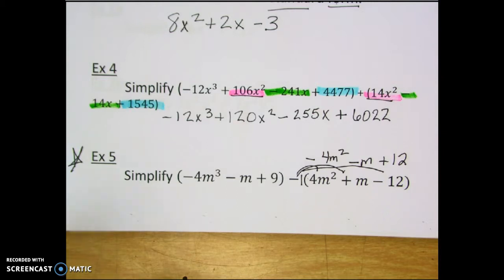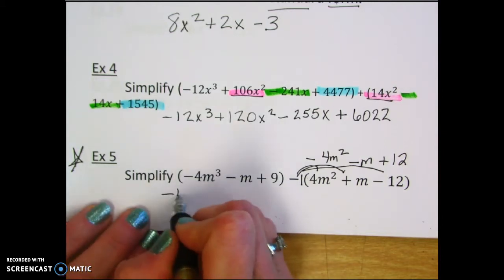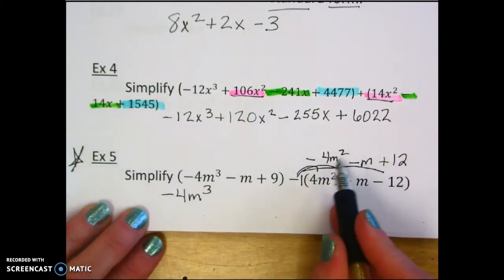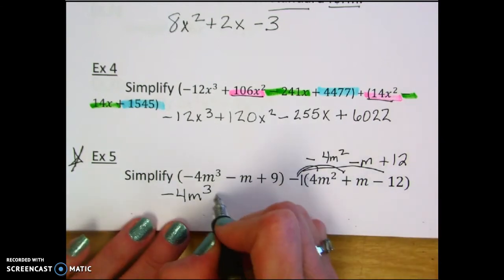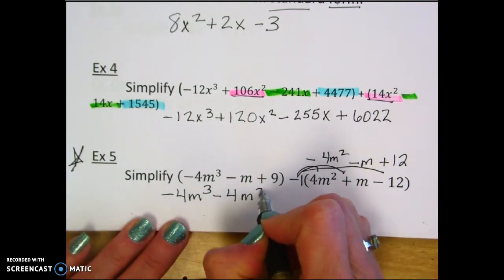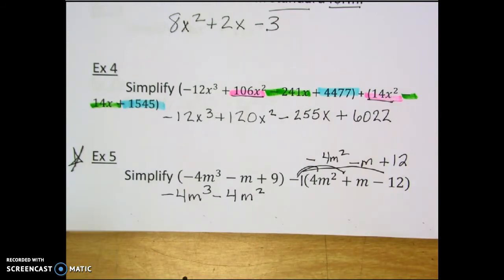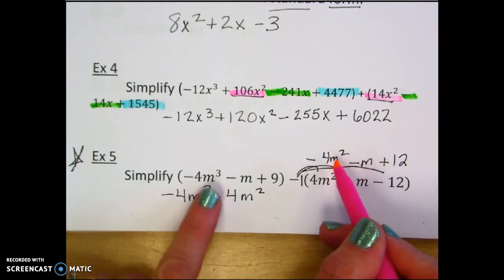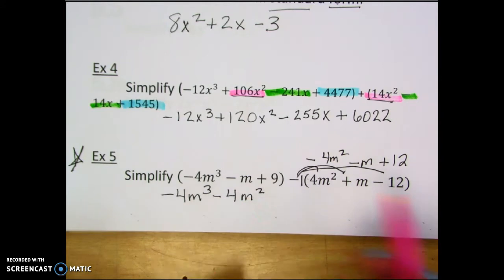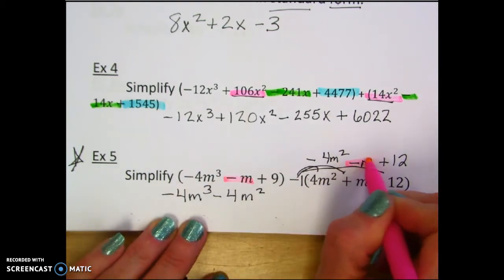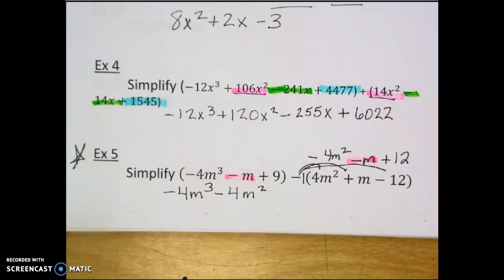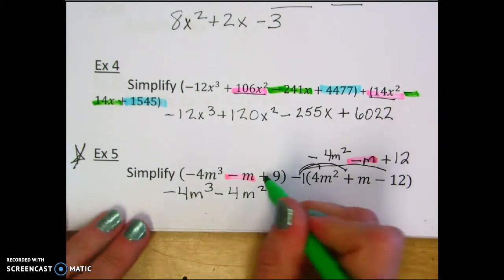I don't see any other m to the thirds, and I don't see any other m to the second. I'm sorry, m to the fourth, no, I don't see any m to the fourth. So I see one m to the third here and one m to the second. Now I do see this m that I can put together, and I see the whole number that I can put together.